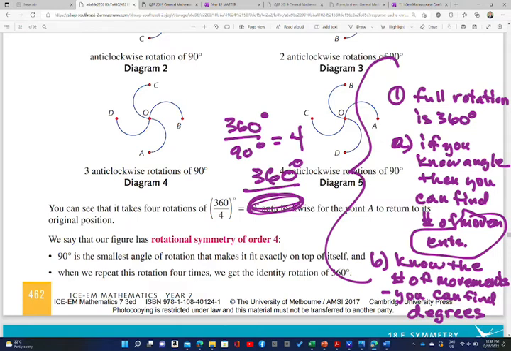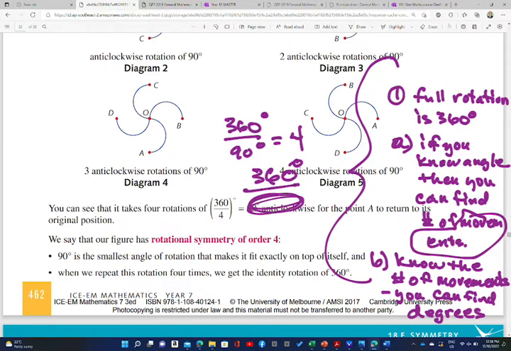So say, for example, that I have a shape. Let's picture this. And I want to know how many movements it's going to take to do a full rotation. Well, I know a full rotation is how many degrees? 360. Let's say that I'm moving in 60-degree increments.